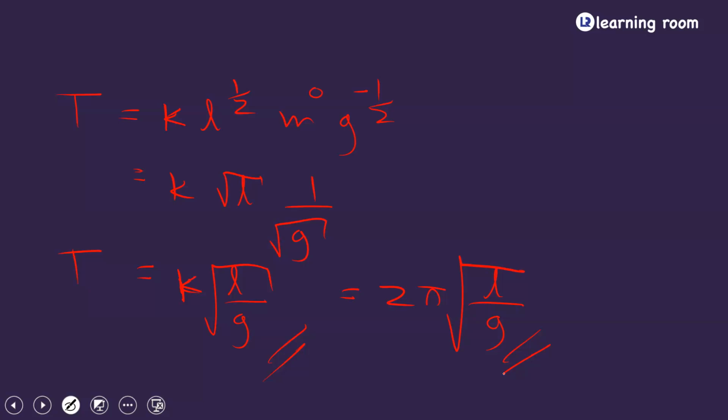So if I take the pendulum, let's take one particular length, let's say 50 centimeters, and measure the time. It may come 1.25 seconds, let's say.